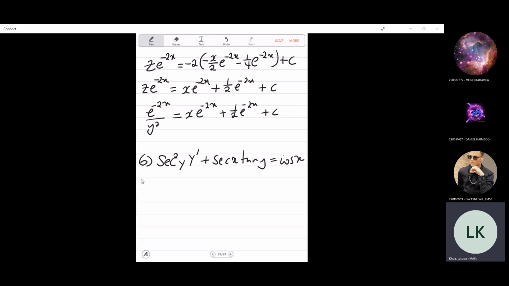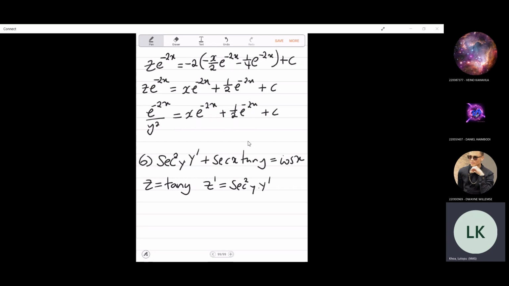The derivative of tan y is sec squared y, so that is the derivative. So we can make our substitution. So z is equal to tan y. Then z prime, this is sec squared y times y prime.